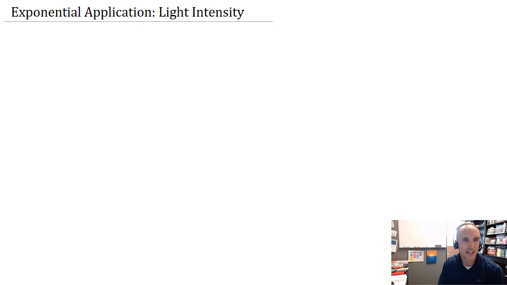Let's consider another exponential application, one in which we're measuring the intensity of light below the surface of water. The model that we'll be using is I equals I naught, I with the subscript 0, times k to the x power.